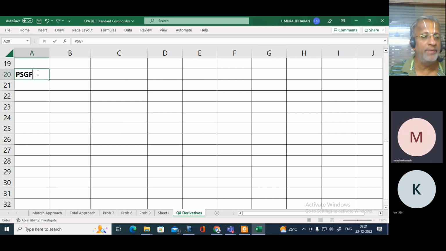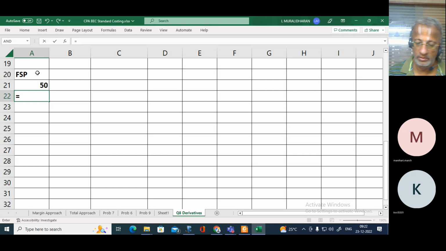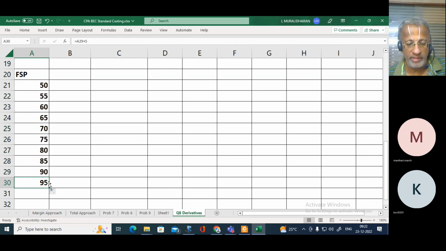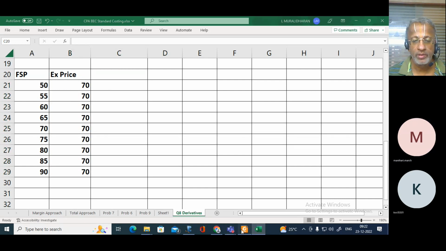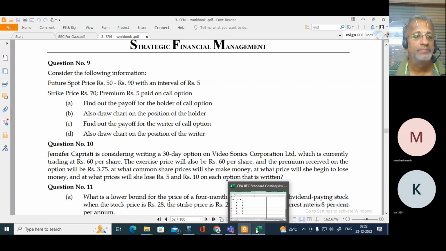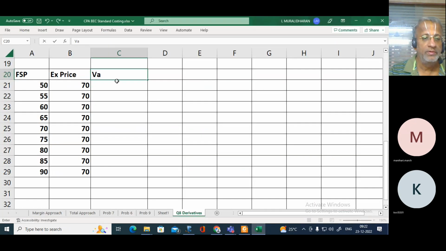Future spot price, starting from 50, 55, plus 5, going up to 90, with the exercise price 70. It is a call option. Value of a call is maximum of FSP minus exercise price, comma 0.